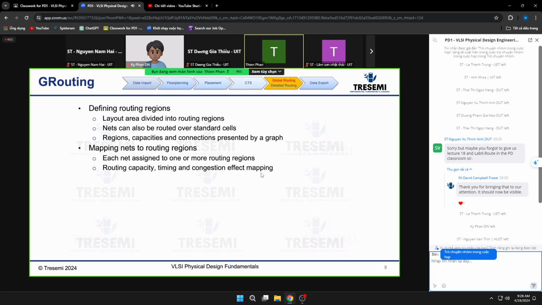And then just like the previous slide we looked at, the capacity or the routing resource gets calculated and then represented in some sort of way. It depends on the algorithm, but essentially it has to be mathematically represented in some way, right, for the tool to use that to come up with the routing later on.